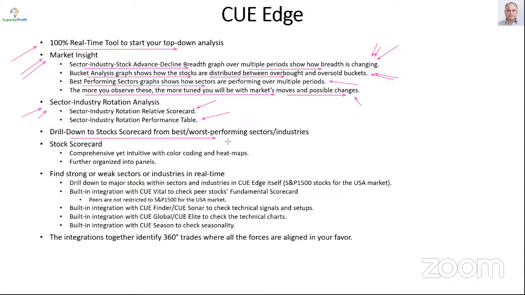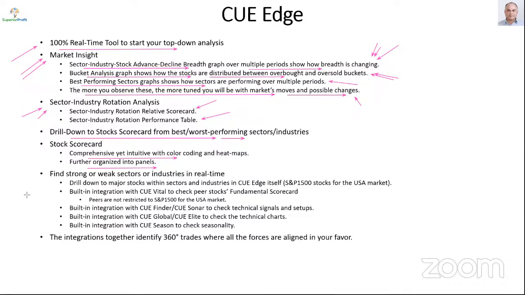And if you are looking at weaker industries, you may drill down into the stock scorecard to look for weaker fundamental stocks. The stock scorecard is a comprehensive yet intuitive scorecard for stock fundamentals using color coding and heat maps, further organized into panels. I'll go through the panels later.